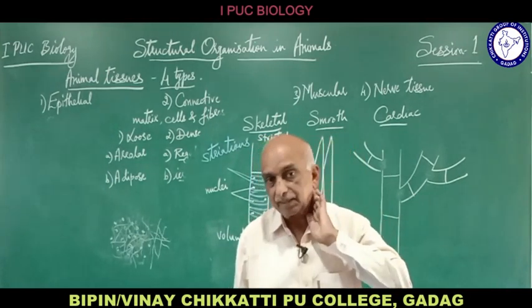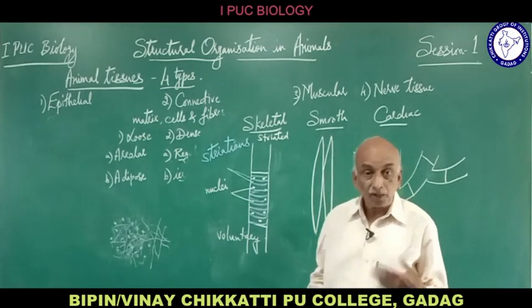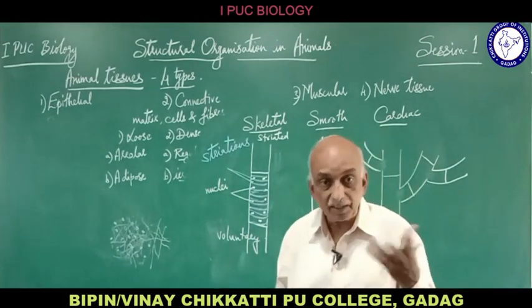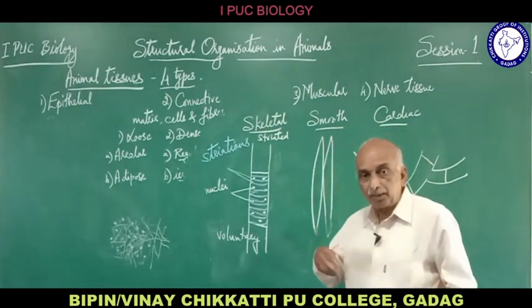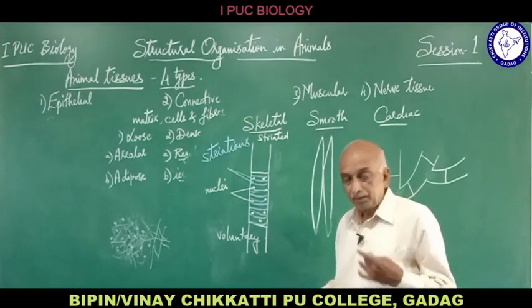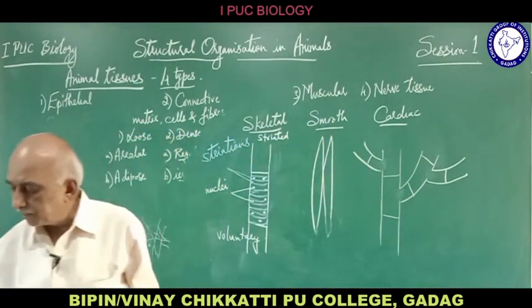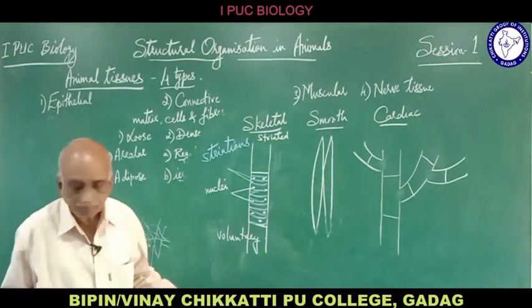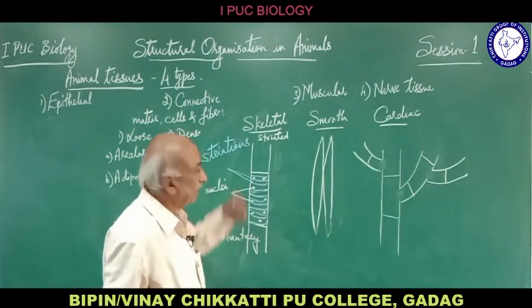We can stretch them, we can make them contract, voluntarily. That is why they are voluntary muscles. They function according to our will and wish. Whenever we need, we can make them contract and we can make them stretch. That is about the skeletal muscles or the striated muscles.